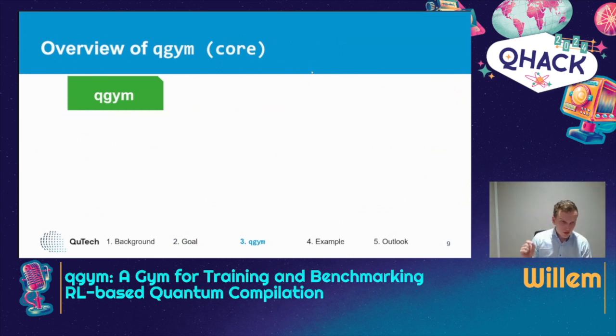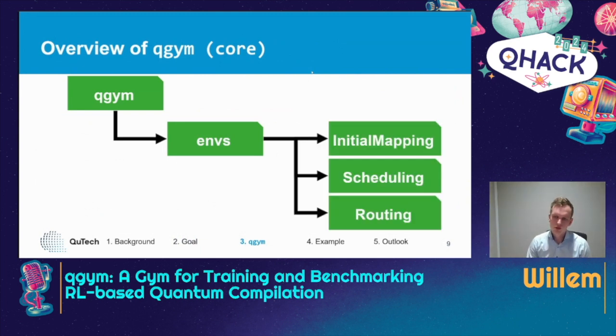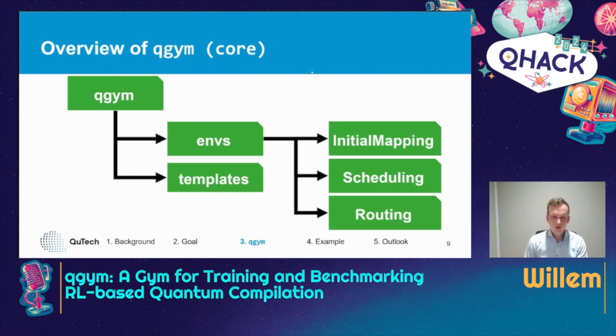Well, then what does the qgym consist of? You can describe it quite compactly. It consists of environments, namely the initial mapping, the scheduling, and the routing. And we have some templates. All the environments are built from a certain template. And if people want to play with it, they can build their own environments, or they can tweak existing environments in their own fork of the gym.